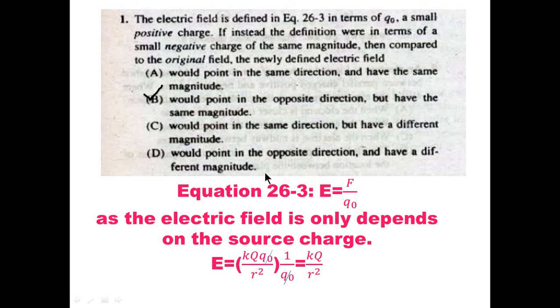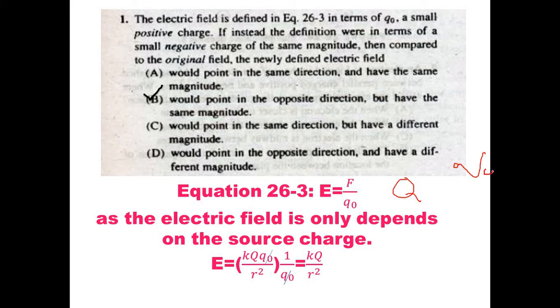So from the formula, E equals F by Q naught, where F is the Coulomb's force of electrostatics between two charges: one is the source charge capital Q, and the other is the test charge Q naught.